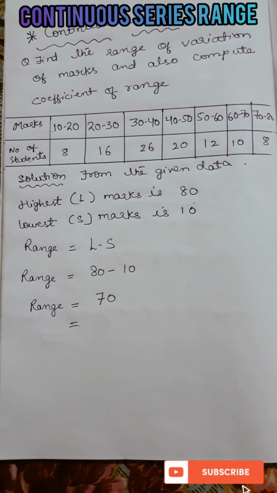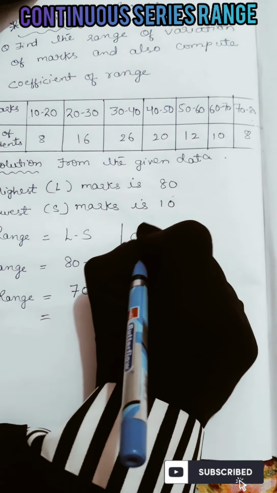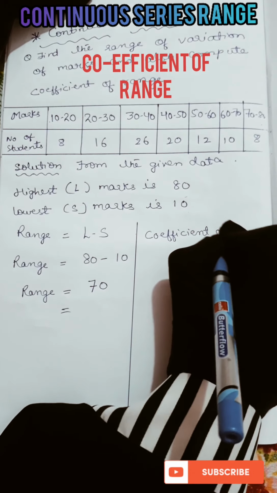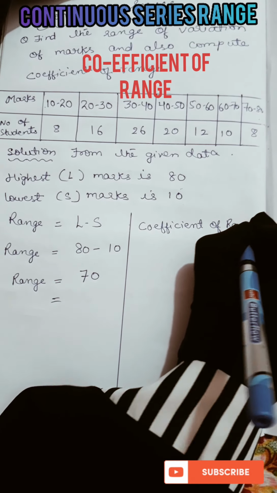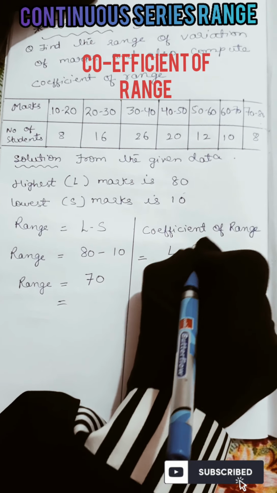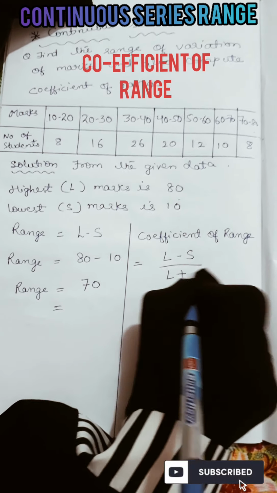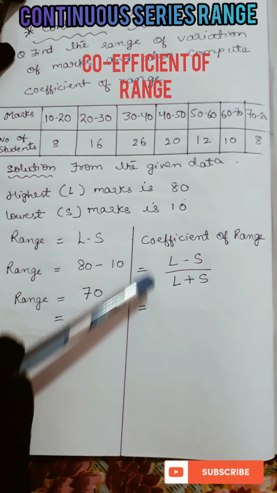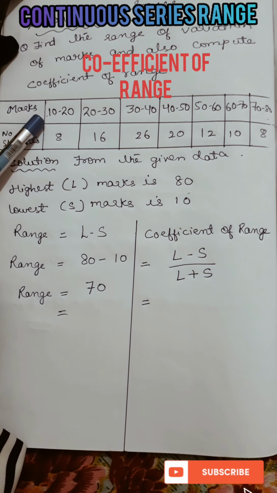So after getting the value of range, now we'll calculate the coefficient of range. Formula for coefficient of range. Hope you all remember the formula. It's very simple. L minus S divided by L plus S. We have the values. L is 80, S is 10.